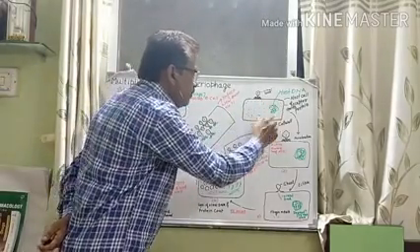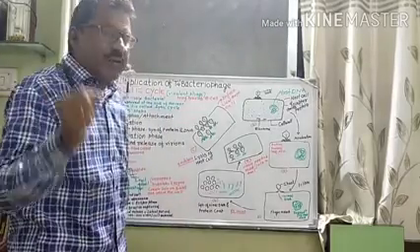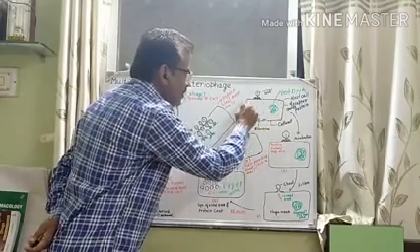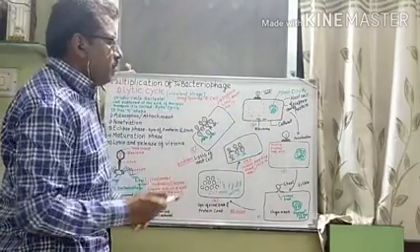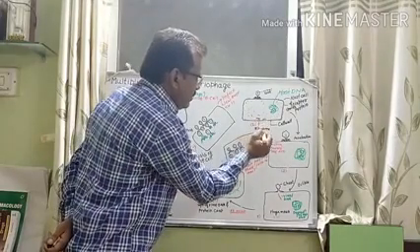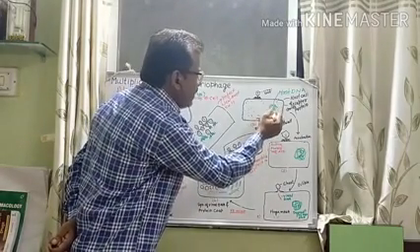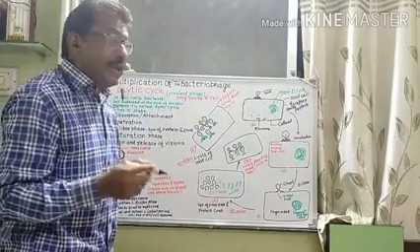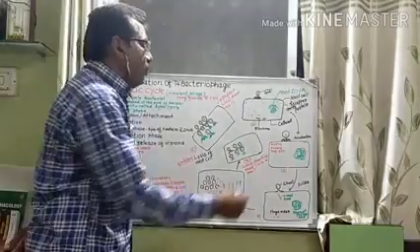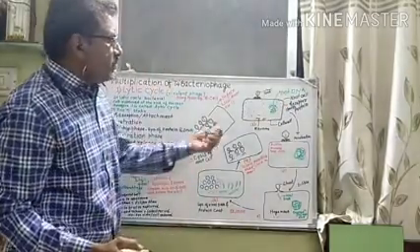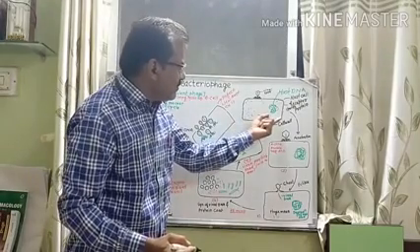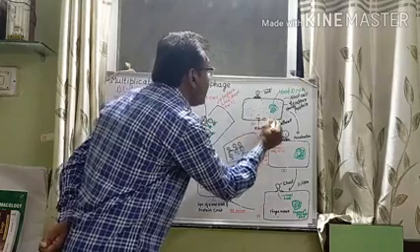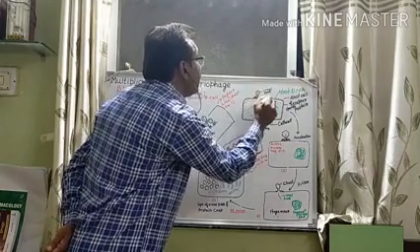Escherichia coli has a short rod-shaped structure. In the bacterial cell, these green colors are the bacterial DNA, which is also called the host DNA. This is the host DNA, in the host cell.